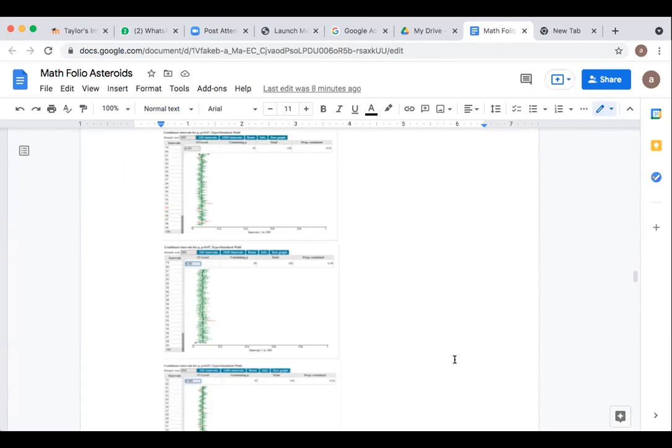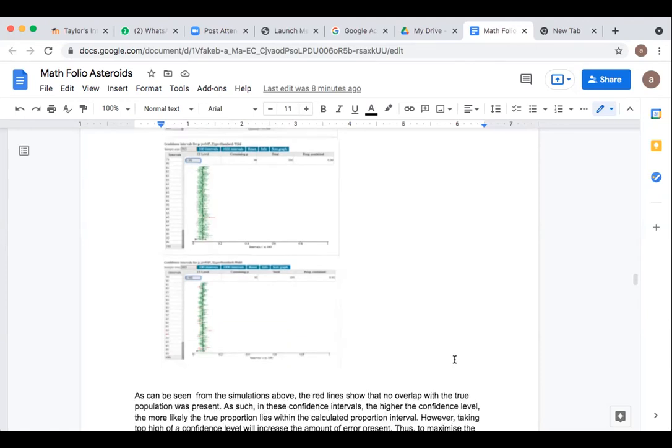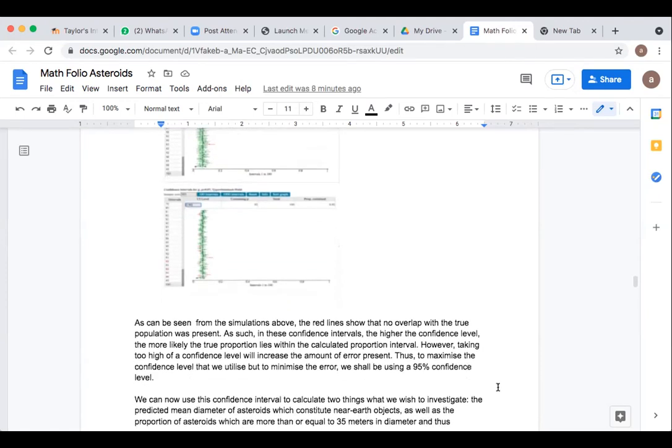Instead of saying 95% of the samples will capture the true population mean, use some numbers: if I have 100 samples and I find the confidence interval for each, 95 of the confidence intervals will capture the true population mean. Isn't it better? Yes, yes.